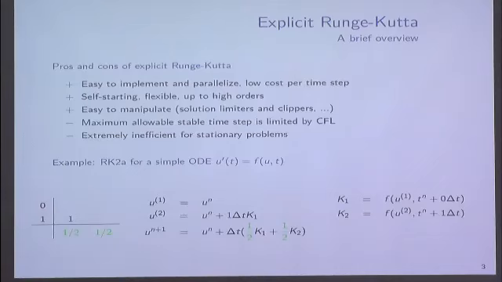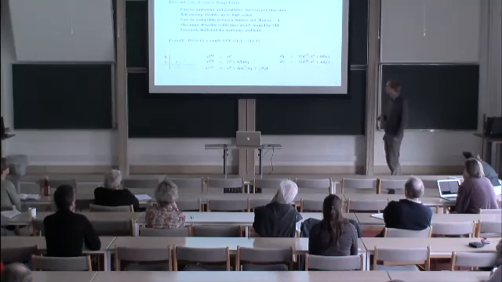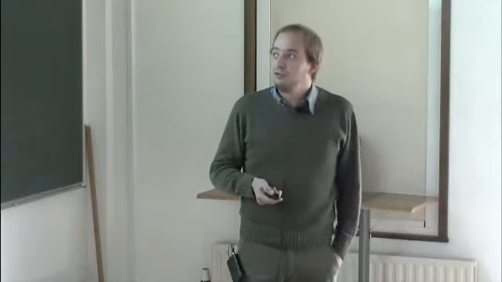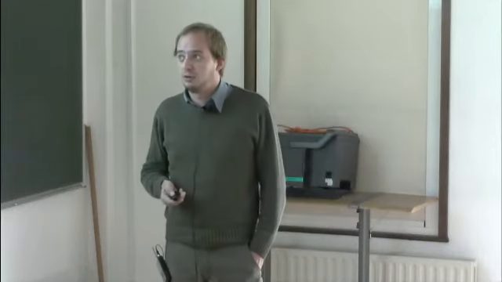They are self-starting, flexible, and can go up to very high orders, but you then need a large number of stages. They are easy to manipulate, so we can apply solution limiters and clippers, but the maximum allowable stable time step is limited by the famous CFL condition. As a consequence, it's extremely inefficient for stationary problems.